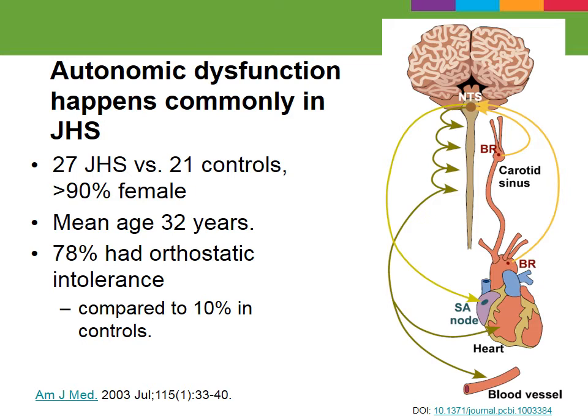Over 90% of those patients were female, average age of about 32 years, and 70% of those patients had orthostatic intolerance, meaning when they stood up, they could not maintain adequate perfusion to the brain and would have some kind of symptomatology related to blacking or passing out. This was compared to 10% of that symptom being present in the controls.